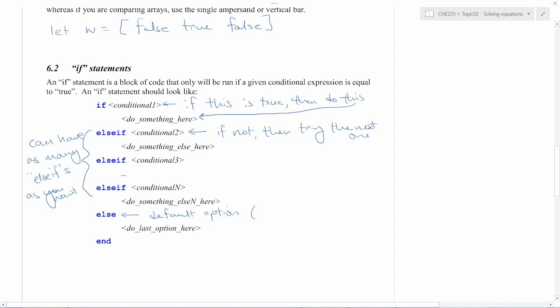Oh my gosh, you can have 1 or 0 of the else statements. And the last thing, you must end with an end. With this guy here. Must end with end.